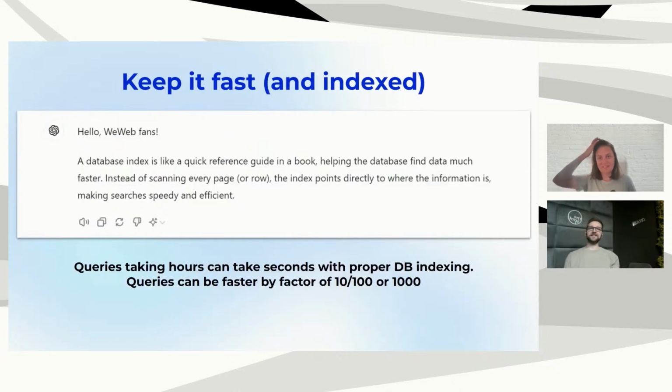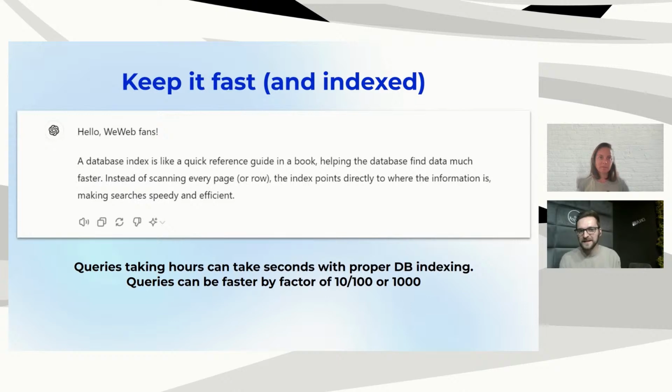Cool. So let's continue. The first topic was about making the data consistent, right? The second one is keeping it fast. What does it mean? If we are talking about keeping the data fast enough, what's usually the number one recommendation is to index your tables. There is a disclaimer: it makes sense only if you are working with a lot of data.